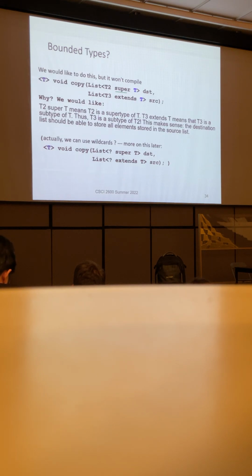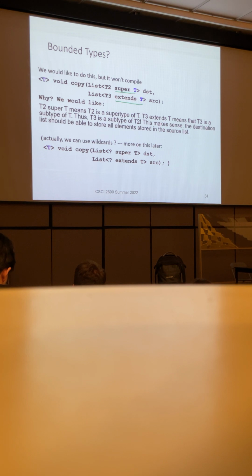Well, what if we say that the type of the first list, the destination list, is a super type of T, and the type of the list for the source is a subtype. And unfortunately, this is a worthwhile idea, but this code is not going to compile in the present form.